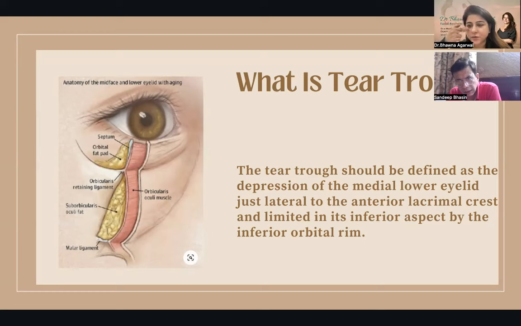It's a thin sheet of septum. In this diagram, this is the ORL, and the orbital septum is running like this, beneath the muscle.